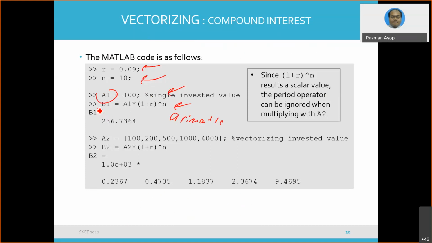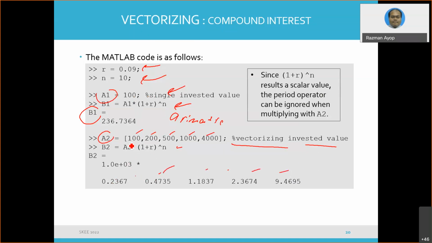Then if you want to vectorize this, for example here for A, you have multiple values, and this is the same formula. So if you insert this, you will get multiple answers.